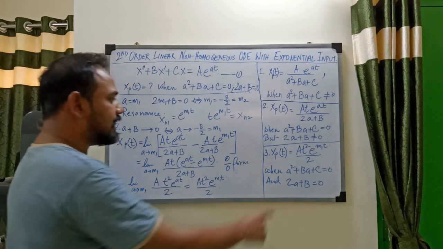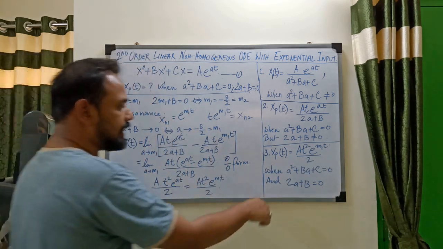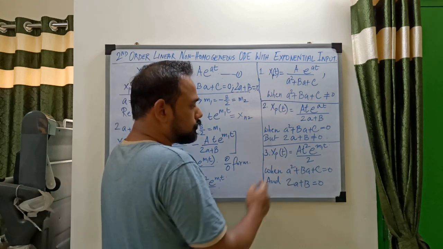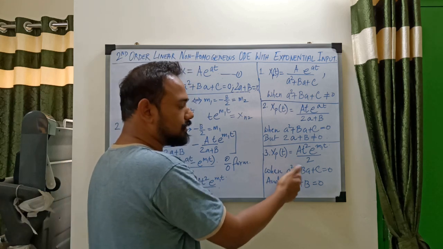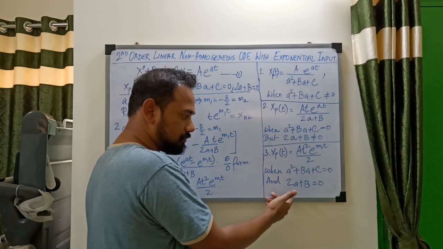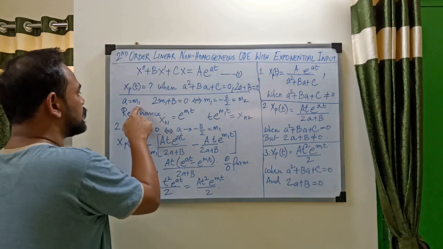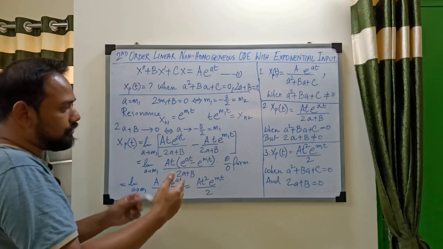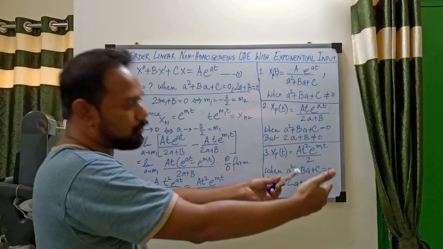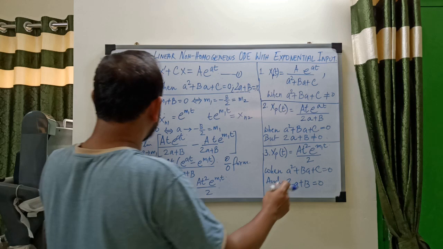Well, of course, a is equal to m1. Because this is the case where both m1 and m2 were the same. This is the case of resonance. m1 and m2 are the same. And we've assumed that a was equal to one of the roots, m1. So really, a is equal to m1 is equal to m2.